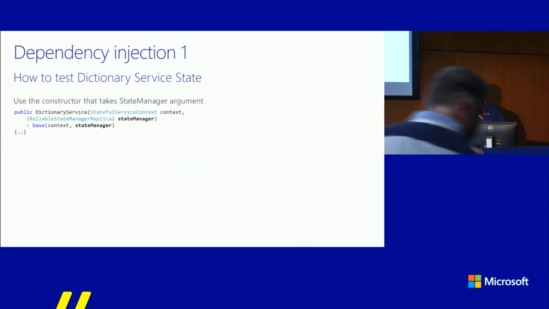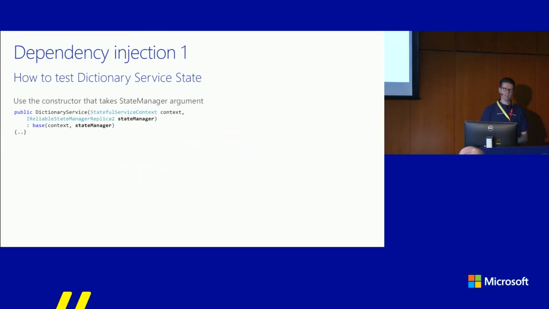So to make this service testable, you use the constructor overload of stateful service that takes a state manager as a parameter. The constructor you see in the examples is usually the one without this state manager, and that would mean that the service creates the state manager itself, and that makes it very hard to replace. If you pass it to the constructor, you can pass something else at test time.